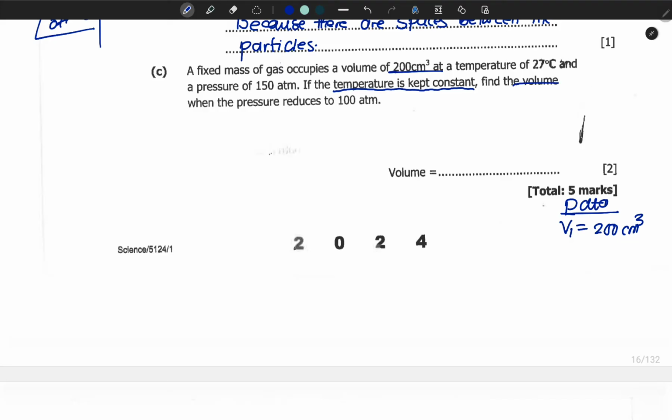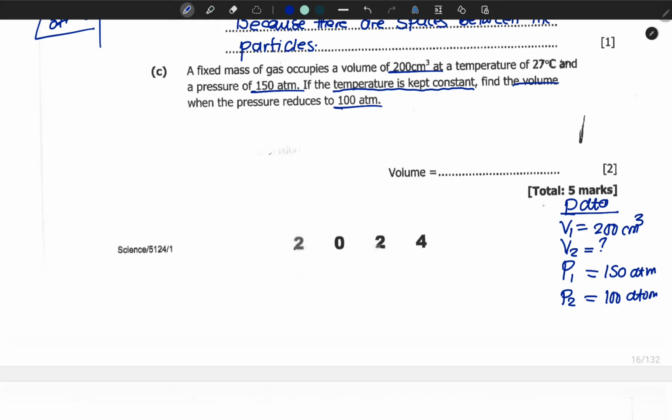So we need volume 2. So the initial is 200, the final is not given. So let's move on to pressure 1. So pressure 1 is 150 atm. Then pressure 2 is 100.